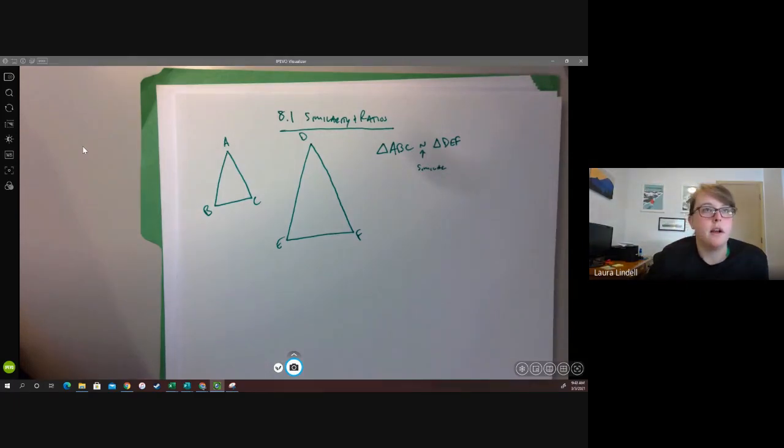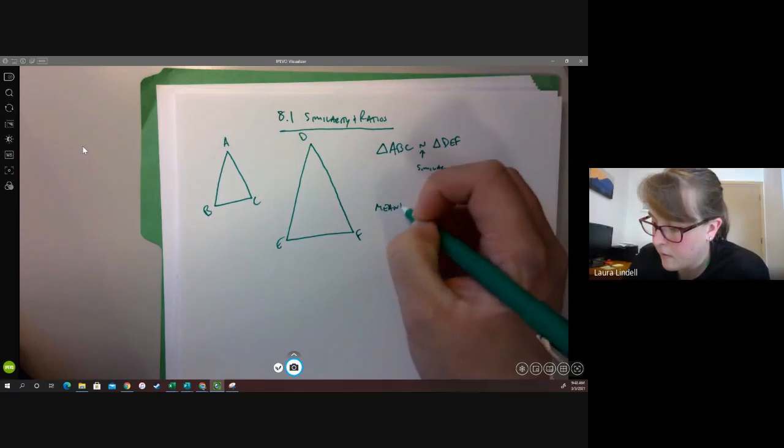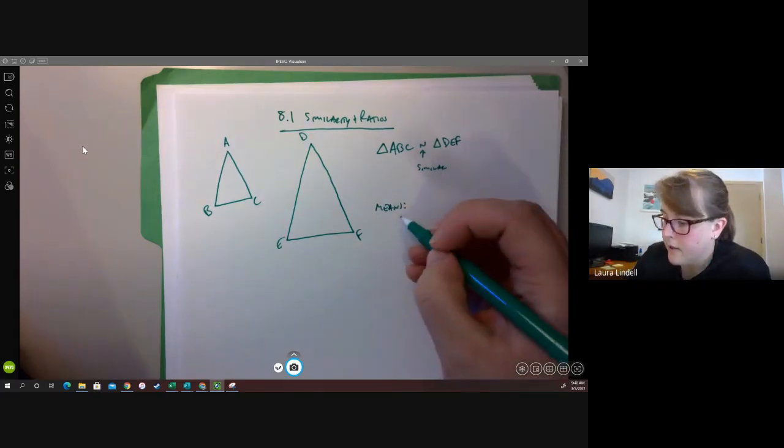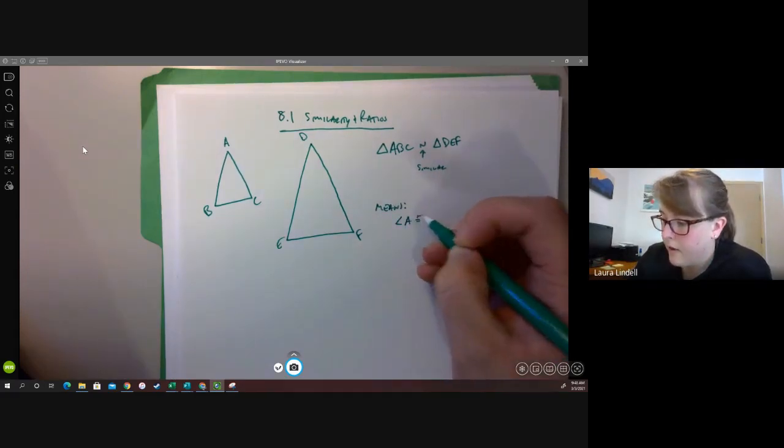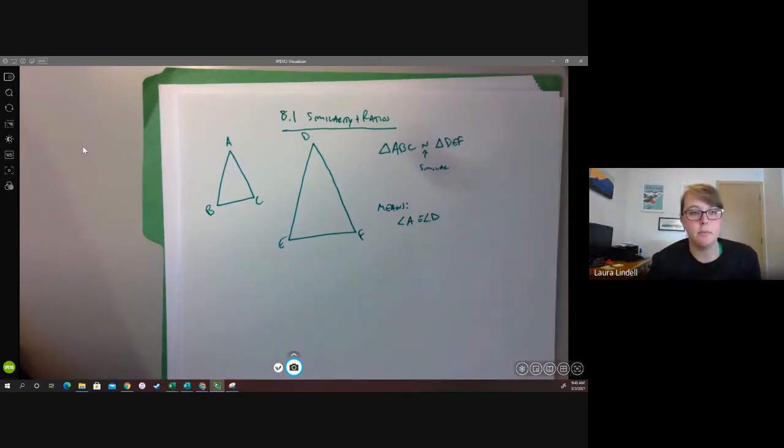Okay. And so what that tells us is that angle A is congruent to angle D. The letter order still matters, just like it did when we were talking triangle congruence. And the first part of it is going to look a lot like triangle congruence because the angles still match up and are congruent. The angles are all preserved.